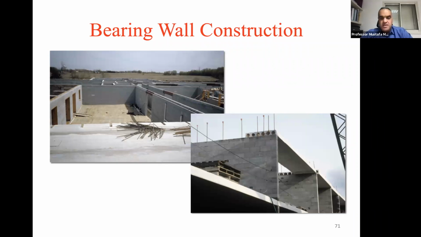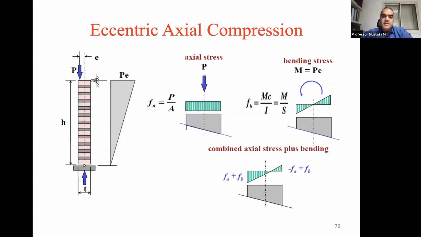As you can see here, we may have precast sitting on these walls, and we may have steel beams sitting on these walls. We may have timber sitting on these walls. Now, typically, for bearing walls, it's hard to place the load exactly where the reaction is.